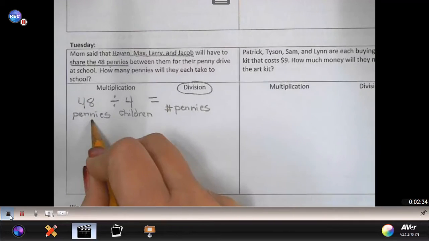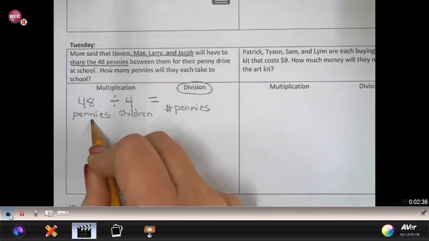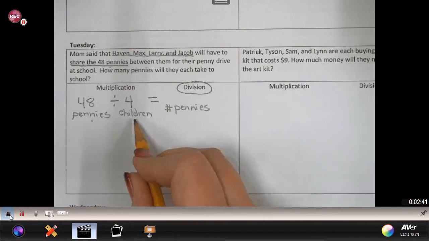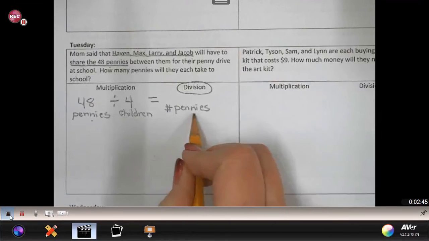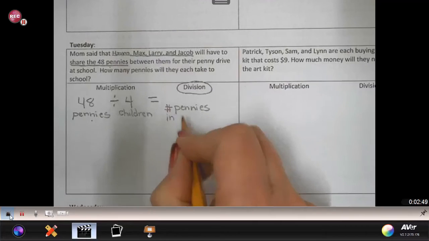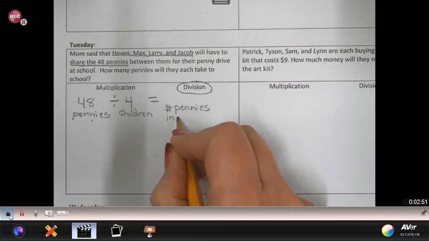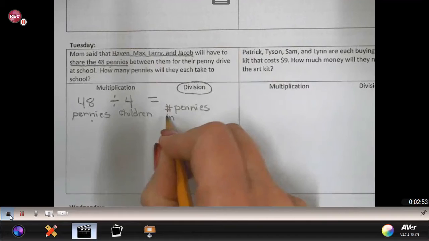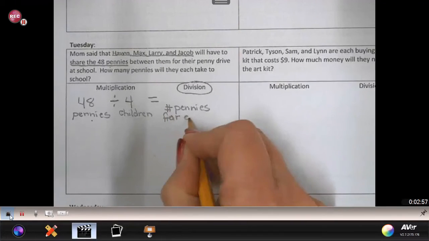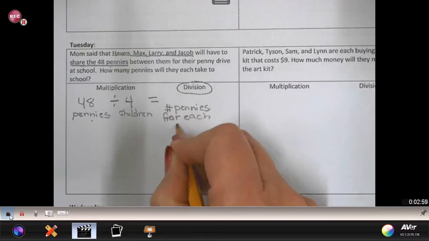So total pennies, all of the pennies, we're going to take this large amount and break it up into 4 smaller amounts, and we're going to know how many objects or how many pennies are in each for each child or in each group. So 4, let's say 4 each child.